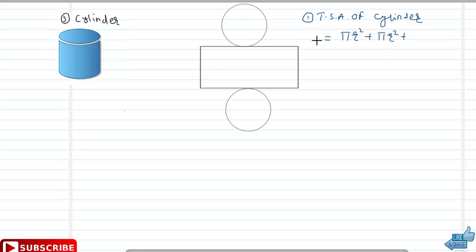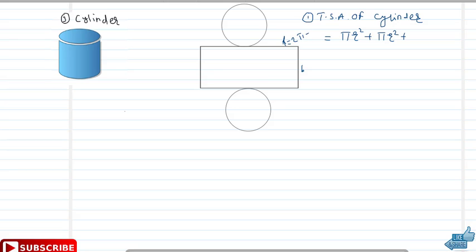Now observe this particular rectangle. It consists of this length and this breadth. So if this is the length, then we can consider this length as 2 pi r.